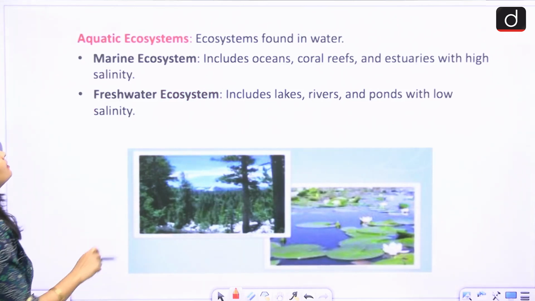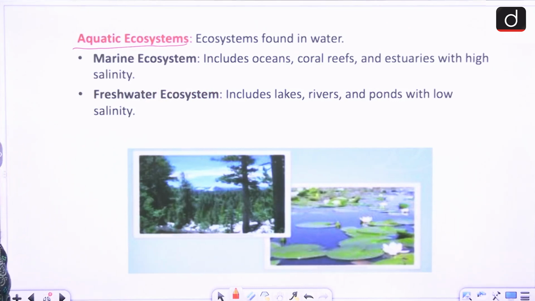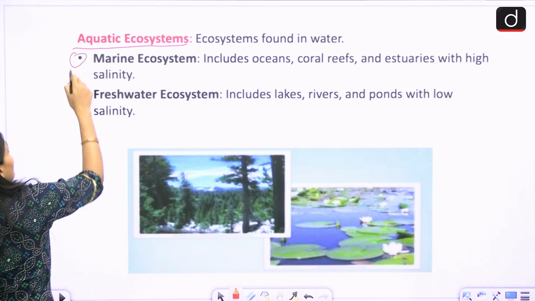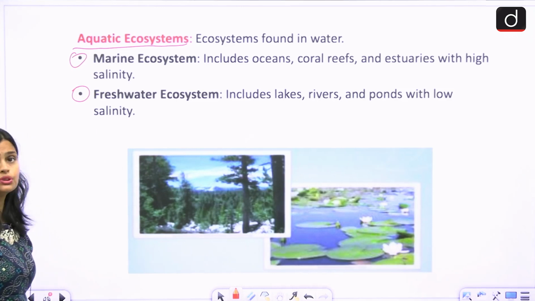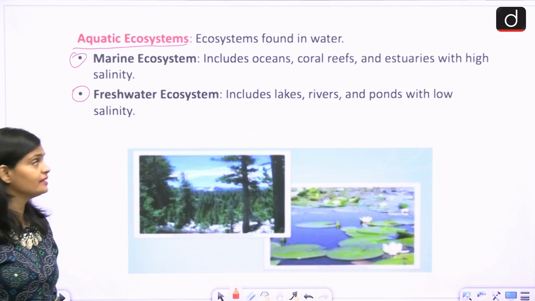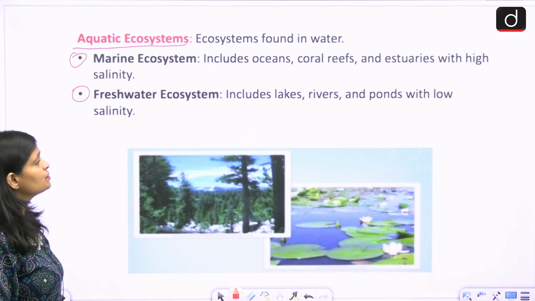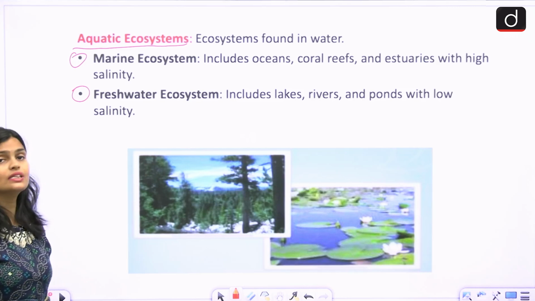Then another important one is the aquatic ecosystem, the ecosystem found in water. Under aquatic we have two types of ecosystem, marine and freshwater. The marine ecosystem includes oceans, coral reefs and estuaries with higher salinity, whereas the freshwater ecosystem includes lakes, rivers and ponds with low salinity.